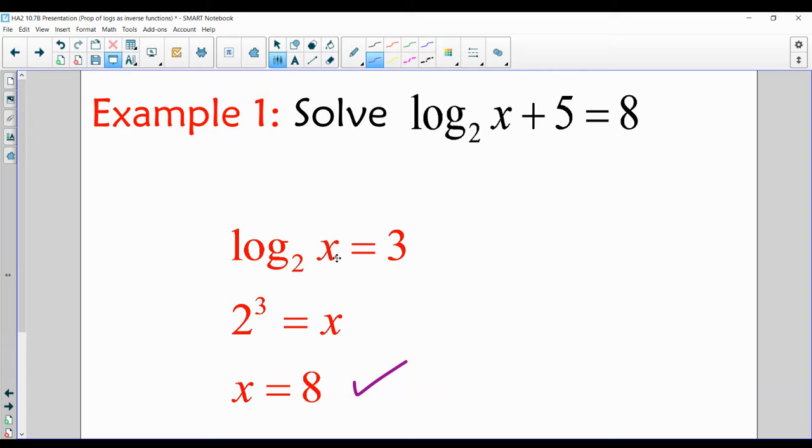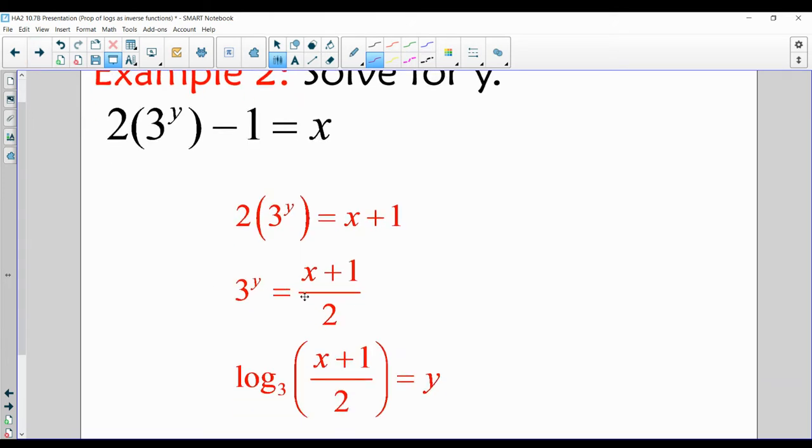What if this was 5 and this was 1,000,002? You switch it into exponential form to be able to solve that. And the same thing with this one here. When I had exponential form and I got stuck here, it's not the only way to do this, but one of the ways would be to switch it into logarithmic form. And in this case, it just gives you what you're looking for.